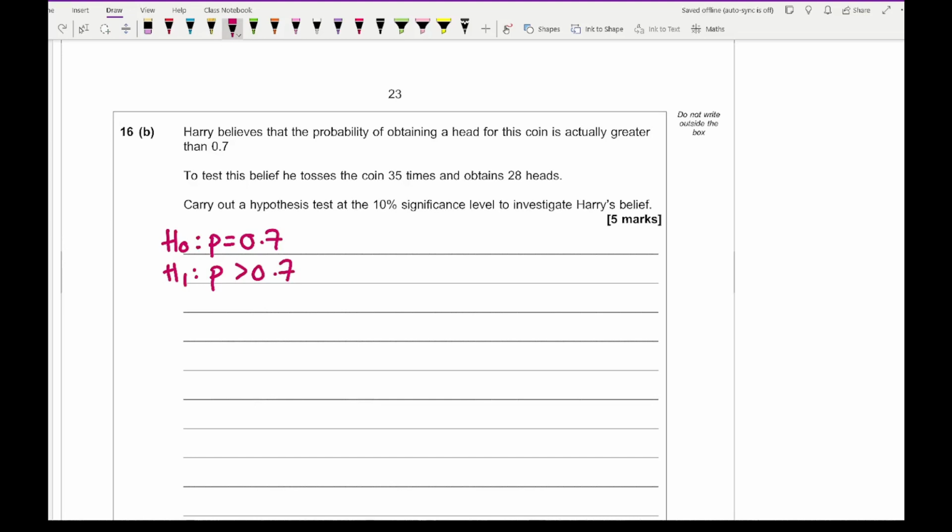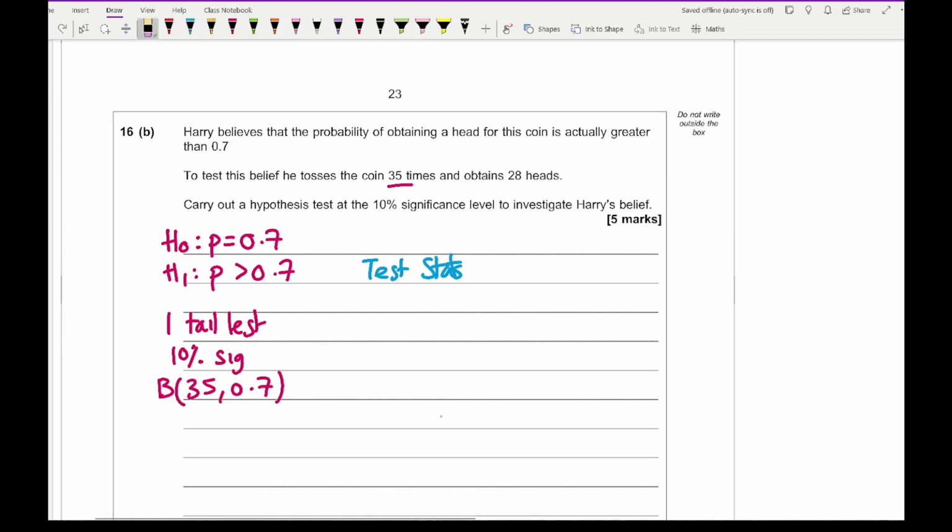Once I've got this, I then need to establish that it's a one-tailed test. I'm looking at a 10% significance level, and I'm going to be testing using a binomial distribution where the sample size is 35 and the probability of success is 0.7. All that's left for me to do is work out the test statistic.